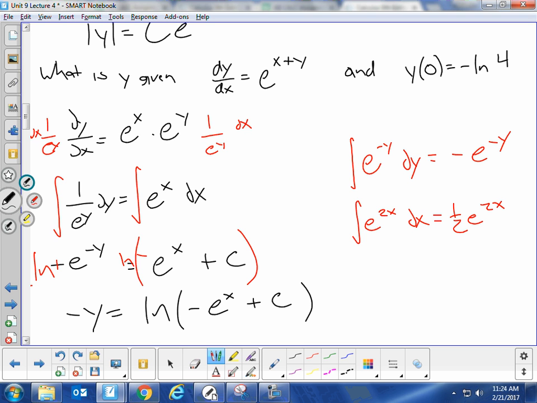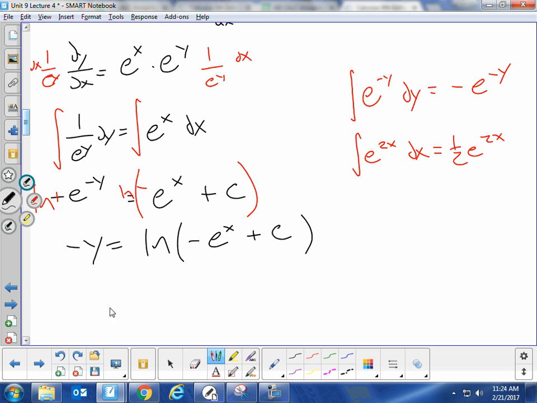I'd have to think about that. But you don't have to. Because of the plus c, it needs to go inside the log. And now we can solve for y by taking the opposite of both sides. Again, it would just be the opposite of the natural log of the entire right side. This is where the whole natural log of is so important. It's not log times. It's the log of the entire right side.